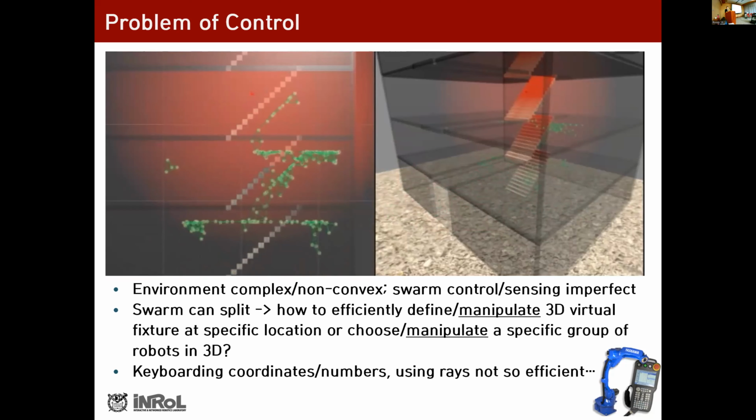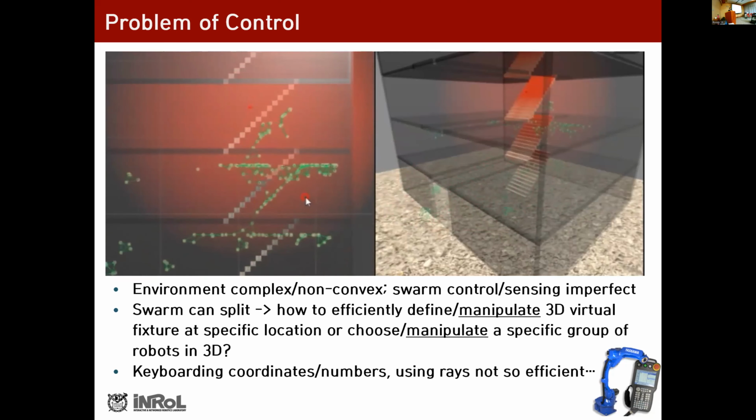So actually, it's a manipulation problem. Also suppose that we have this kind of outlier. We want to choose them in 3D environments. Again, it's very difficult to choose them by using keyboard information and coordinates. Much easier, just use your hand and grab it, and move it, rotate it. So again, this is a manipulation problem.